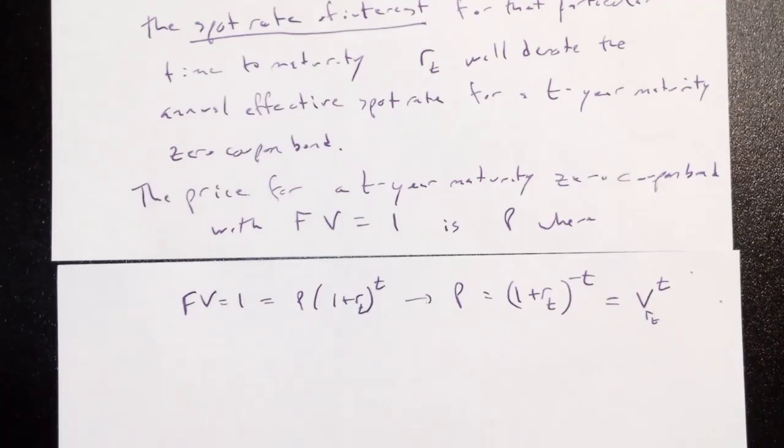So I end up with a price given by my V. So this is exactly in line with our prior idea that I think of payments as being brought back to today for present value.